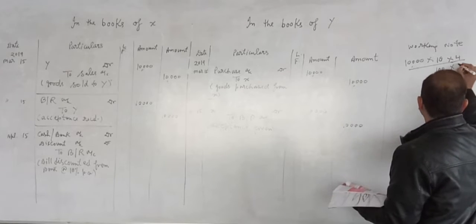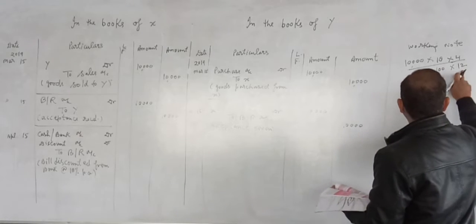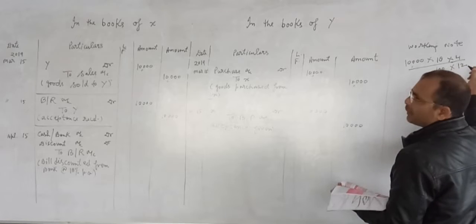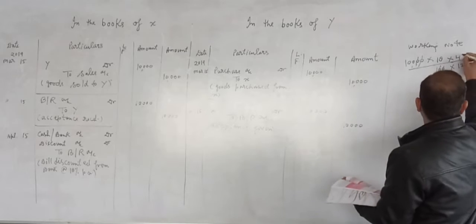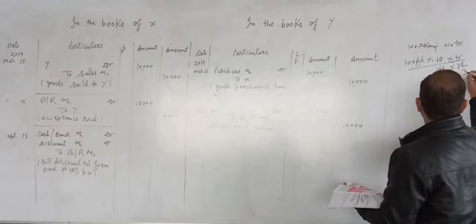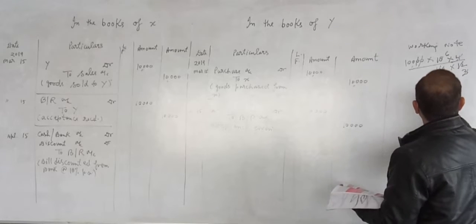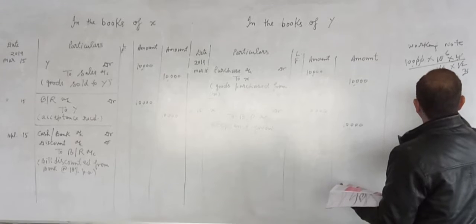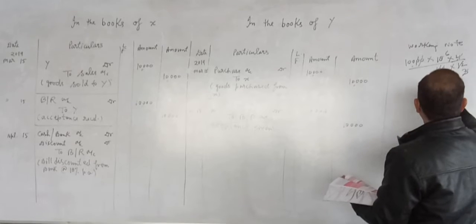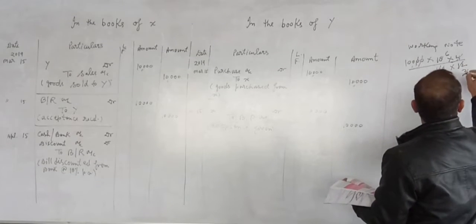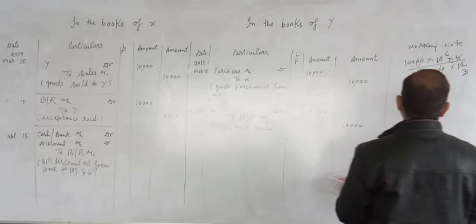So we will write here 4 upon 12, because in a year there are 12 months. This is the simple mathematical calculation, and after doing this, 4 3s are 12, 3 6s are 18, and we will multiply 100 by 6, the amount will come 600.